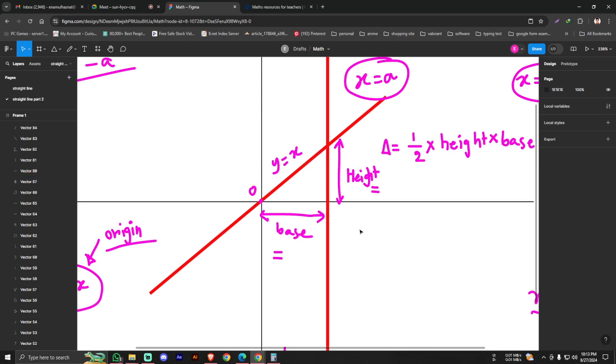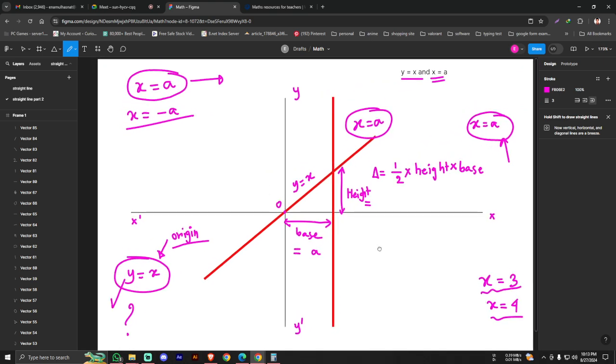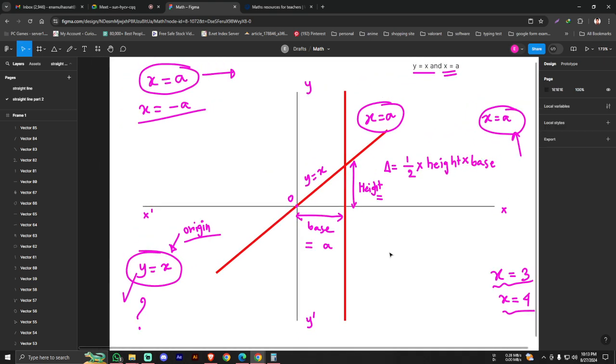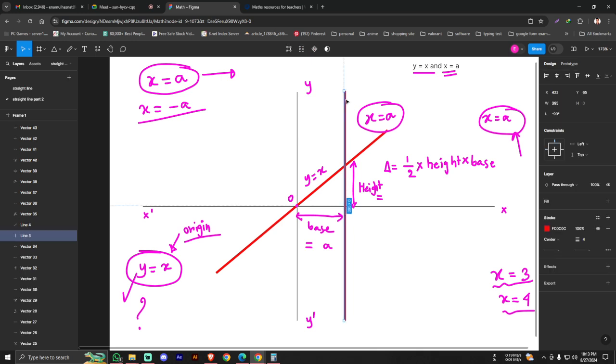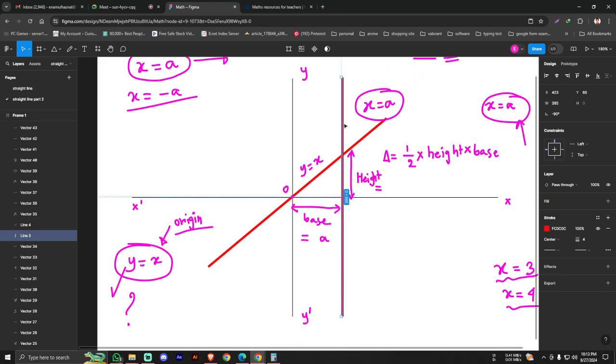Here we can say that the base is equal to a. Why is that? If you follow this straight line here, you'll see that this straight line's distance is the same as the base.